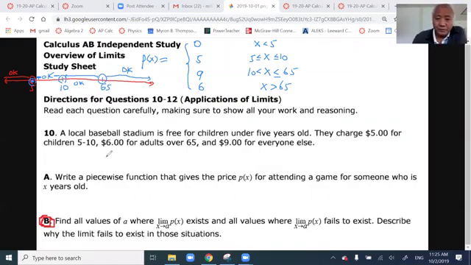The problem will be, they ask you to find all the values where it exists. So you can write it like this, as what I put here.